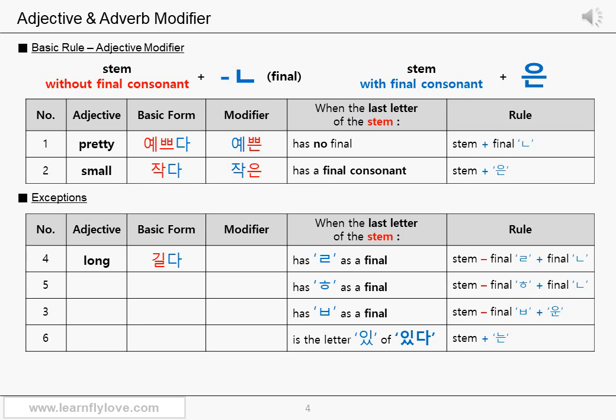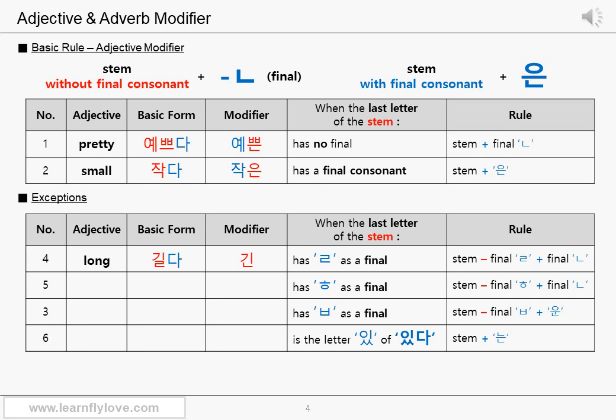Yes, it has, and it is L consonant, which sounds like somewhere between R and L. In this case, you replace L consonant with N consonant, which sounds like English alphabet N, okay? Get rid of L consonant and just add N consonant as a final. So the stem becomes 긴. That's the modifier form, the adjective long.